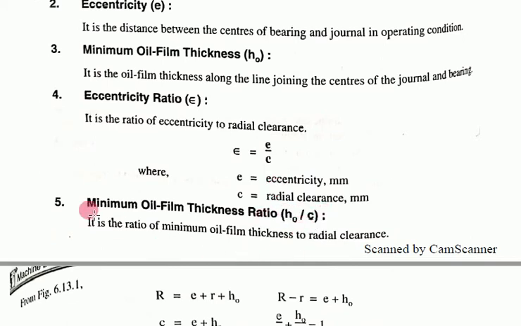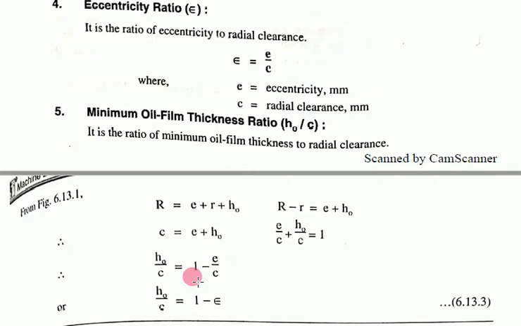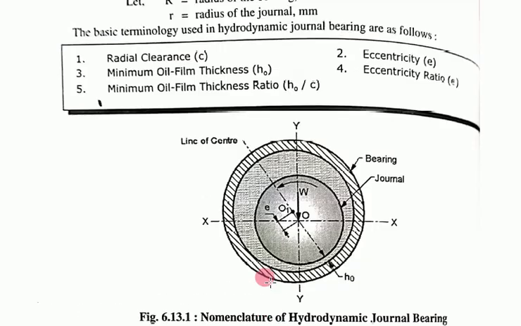Then the minimum oil film thickness ratio is h0 by c. The relations are: R is equal to e plus r plus h0, then c is equal to e plus h0, h0 by c is equal to 1 minus e upon c, so h0 by c is equal to 1 minus epsilon. These are the relations of this bearing.